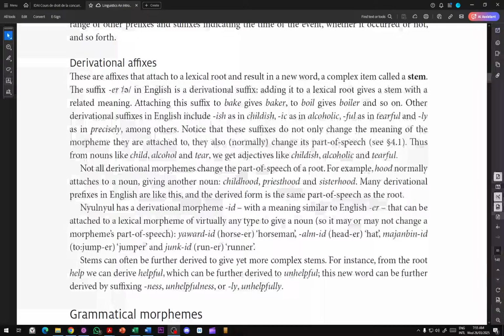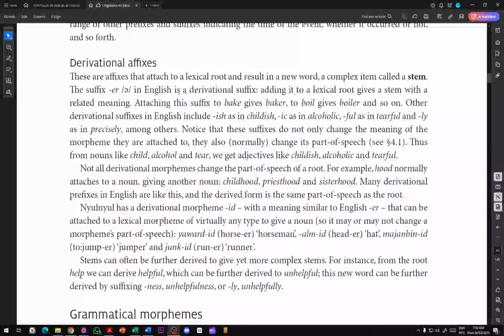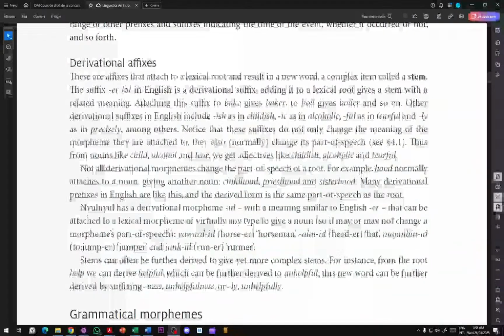The suffix -er in English is a derivational suffix. Adding it to a lexical root gives a stem with a related meaning.